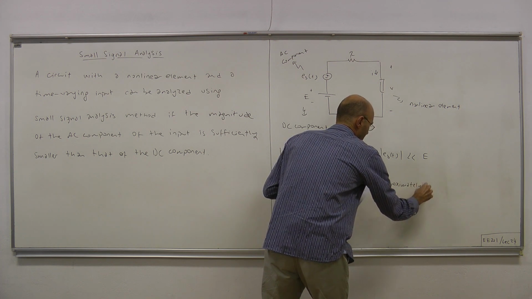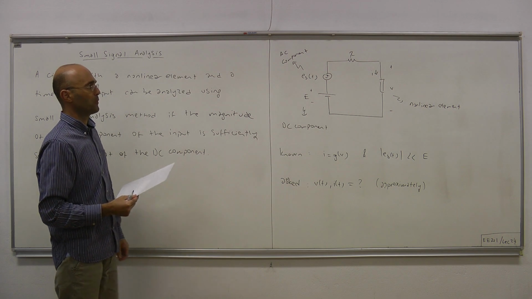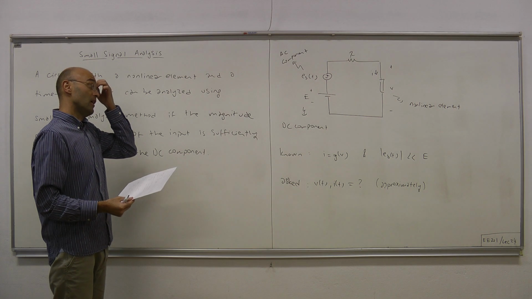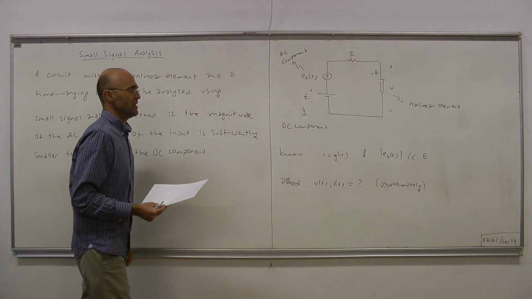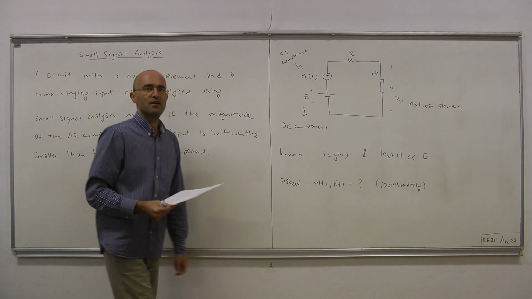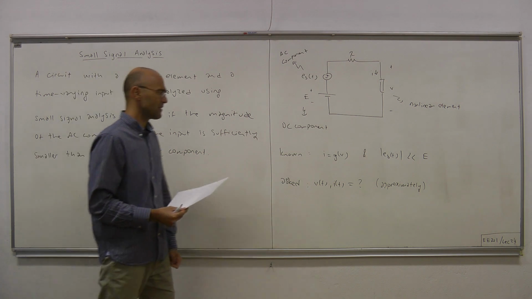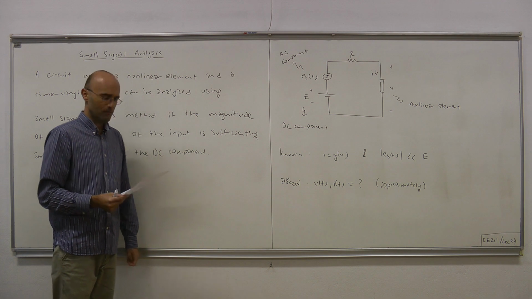And we're not asked for them exactly, because that would require solving the time-varying nonlinear equation. We're not interested in that. We're interested in an approximation of them. And if this condition is satisfied, then that approximation is an acceptable approximation. Therefore, it could serve as the answer to the problem.